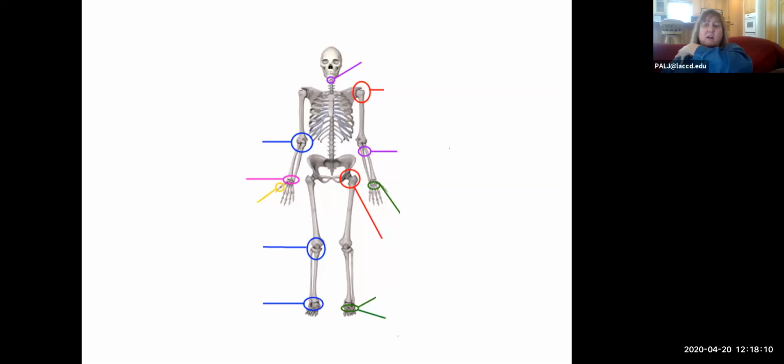Because we have more than one articulation going on in the shoulder area. We have more than one articulation going on in the knee area. We've only talked about the most common one. So go through, write the type, write the subtype, and write how much axiality you think each of these joints have, making sure you're writing bones and bony landmarks.